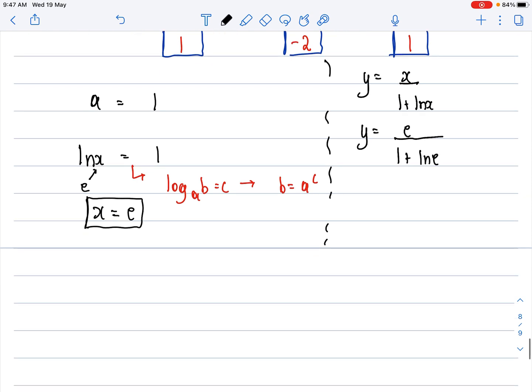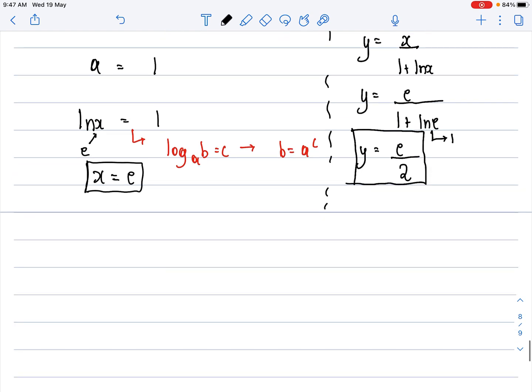Now ln e is simply 1. So y equals e over 1 plus 1, which is 2. So these are my x and y coordinates. I write this as e comma e over 2.